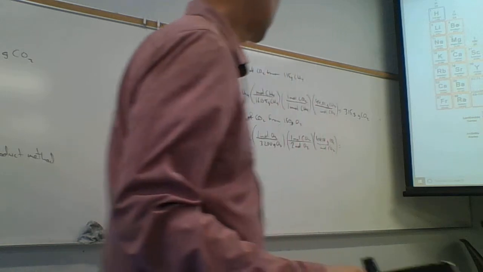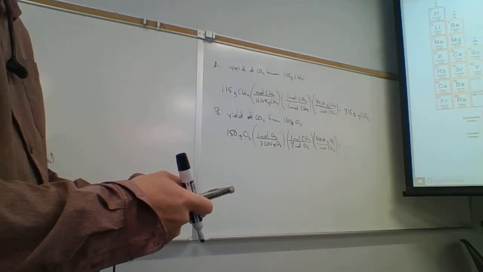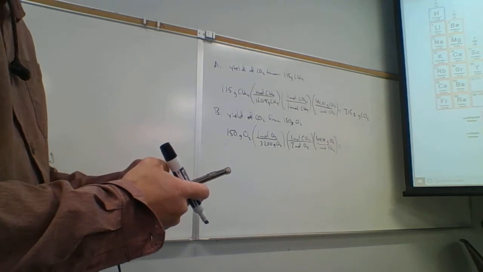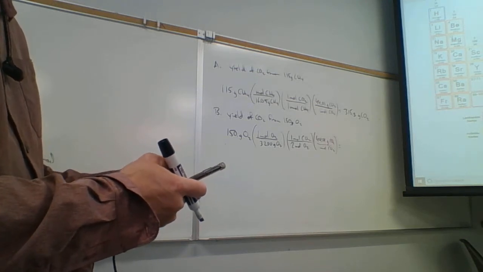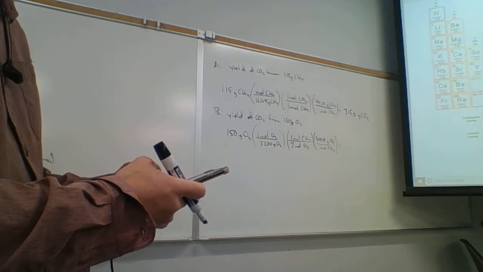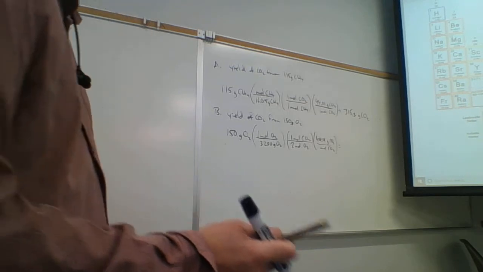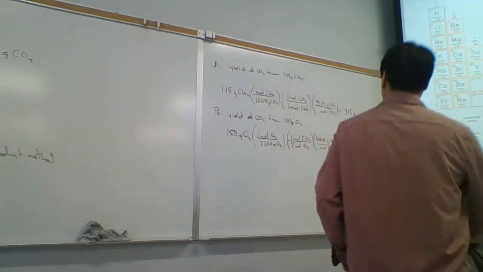So here it's 150 divided by 32 divided by 2 times 44.01. That's 103.1.